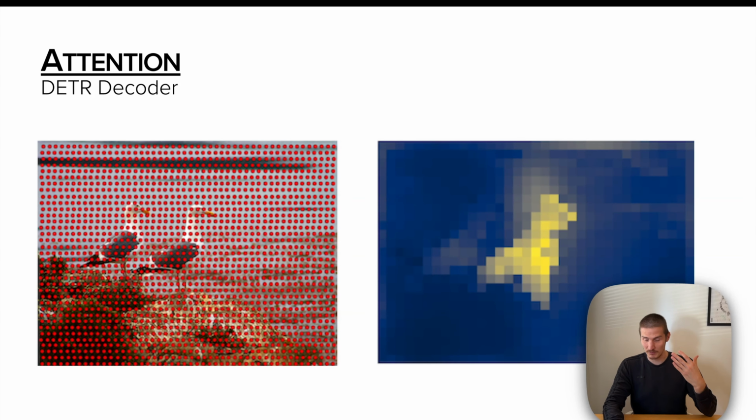So here's an example of how that will actually look. Let's say we are computing an output attention mask for one of such queries. As we can see from the attention weight visualization, this query seems to be detecting a bird. It's quite good at that. The attention weights actually seem to show a silhouette of a bird.